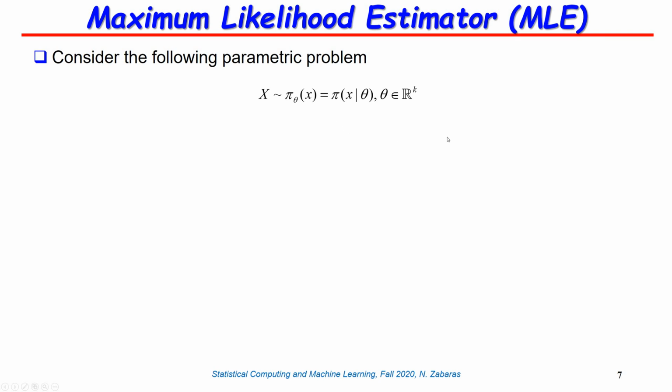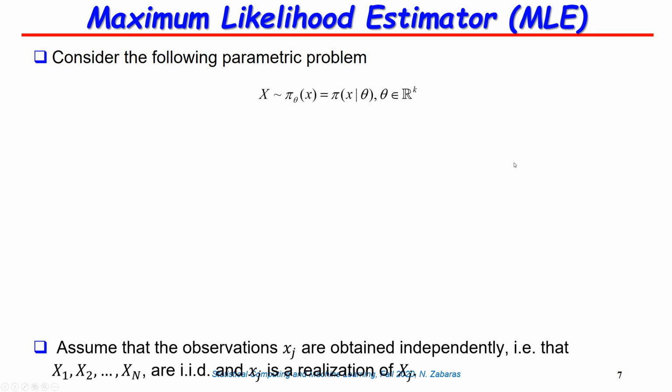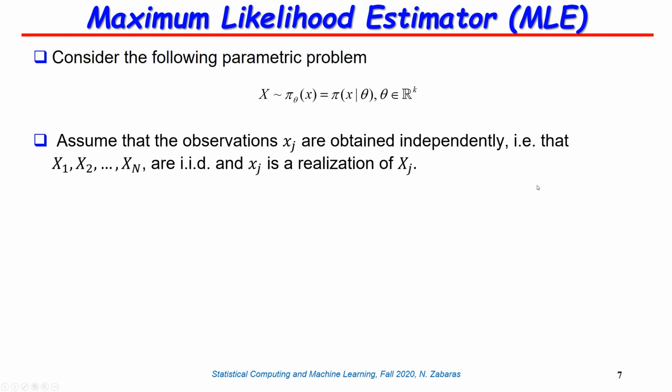So let's say that we're collecting IID data x1, x2, ..., xn from this parametric model.